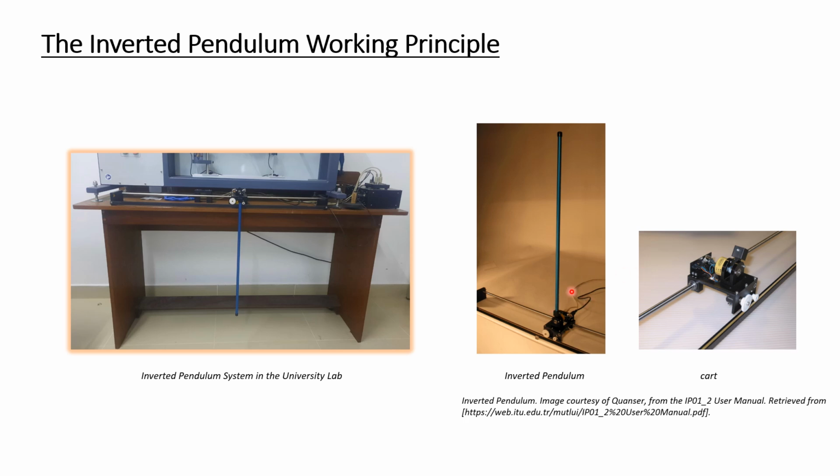The pendulum's angular displacement is constantly measured by a potentiometer, which provides real-time feedback to the controller. Based on this data, the controller adjusts the cart motion to keep the pendulum upright.